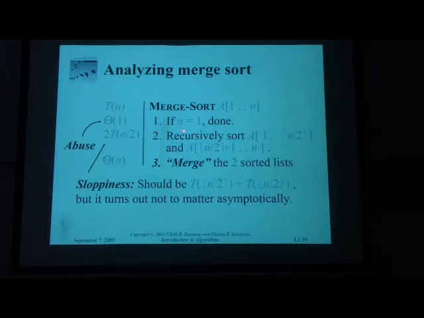Now we recursively sort from 1 to the middle and from the right side of the middle to the end. Now those are approximately halves. And even though it should technically be a floor here, it turns out it really doesn't matter, and our analysis can just assume that we're going to use powers of 2 or 2 to the k minus 1, which is 1 off from a power of 2.